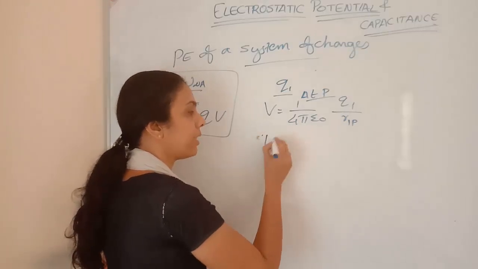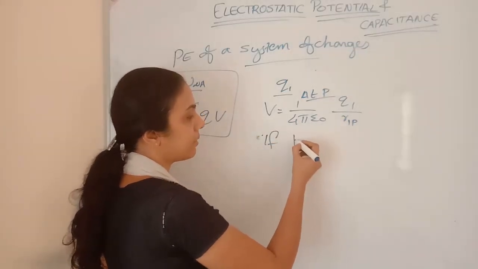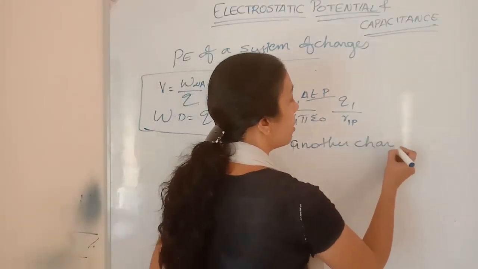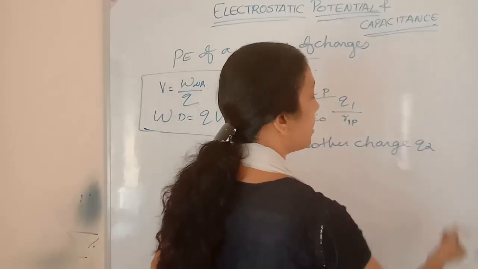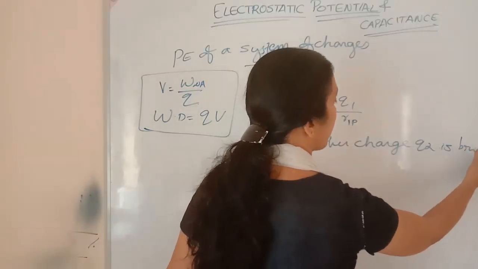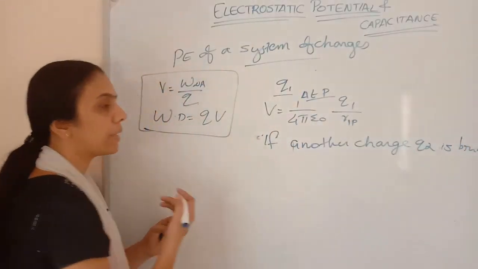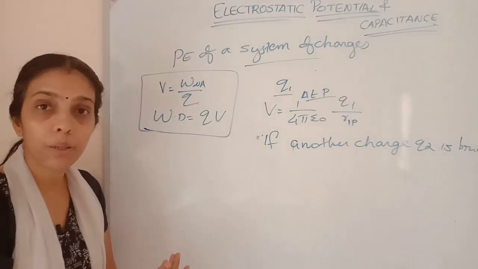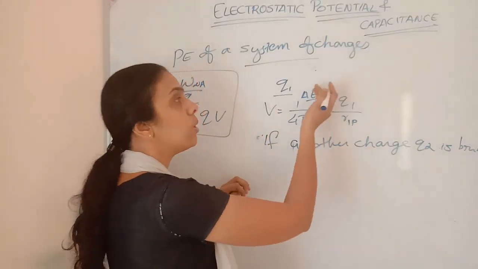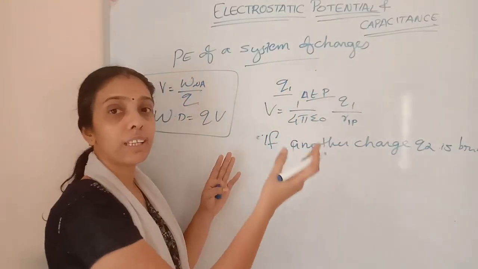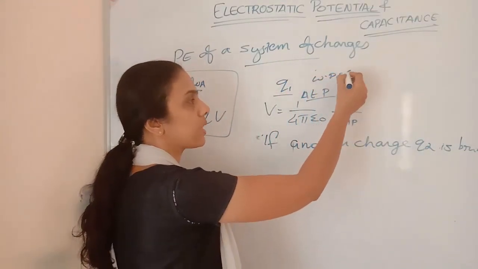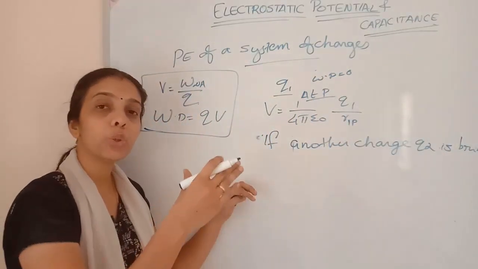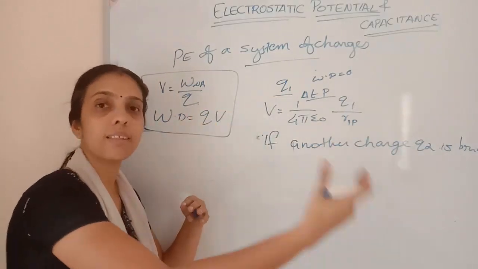When bringing Q2, initially no other field was there, so the work done was equal to 0. Here, in the presence of Q1, I am bringing another charge Q2, so I should do some work against Q1.